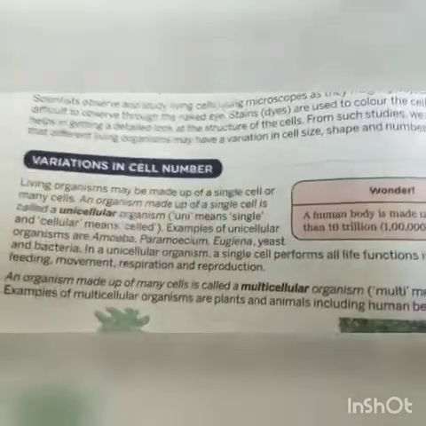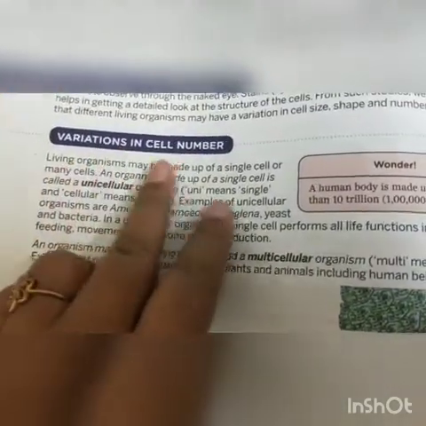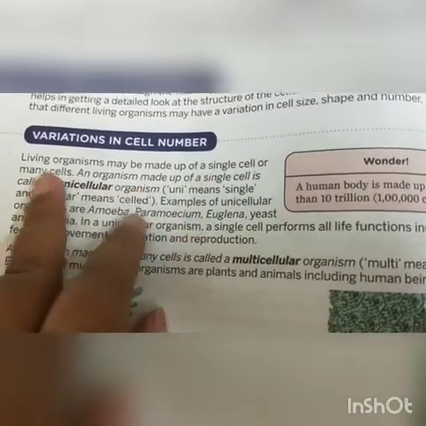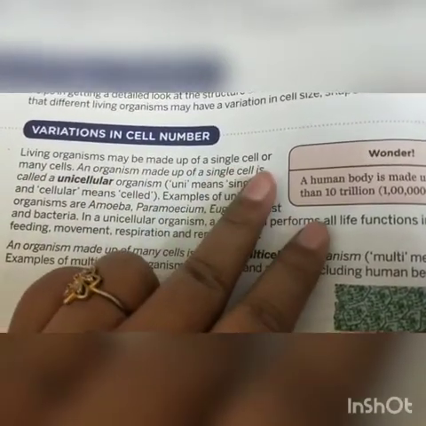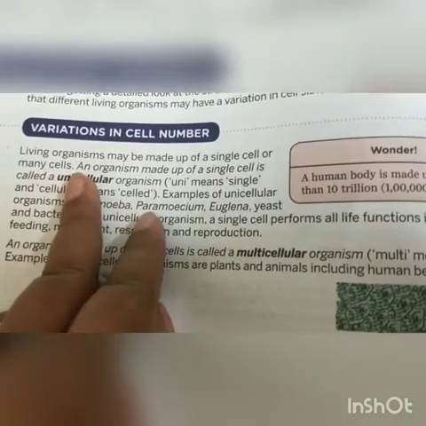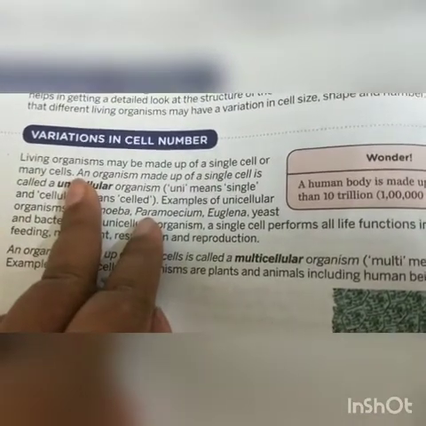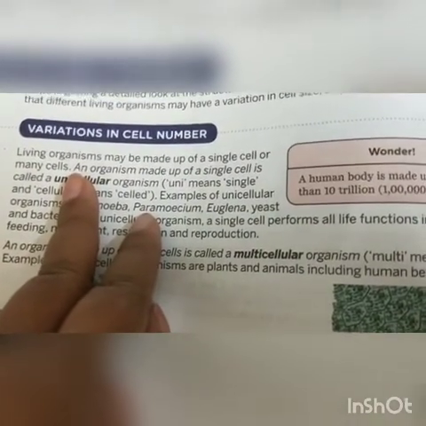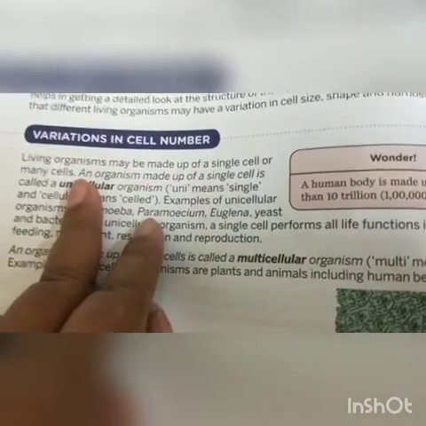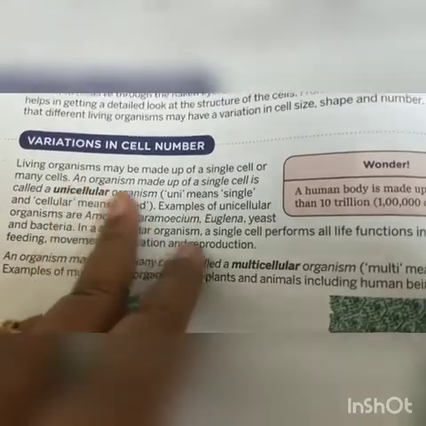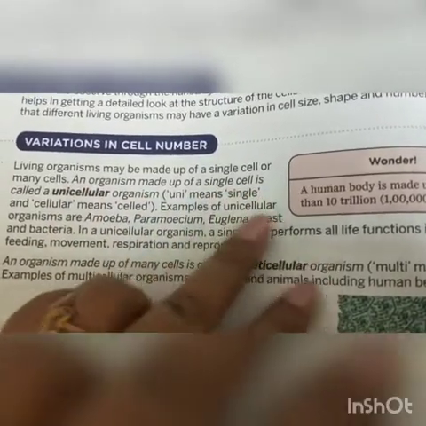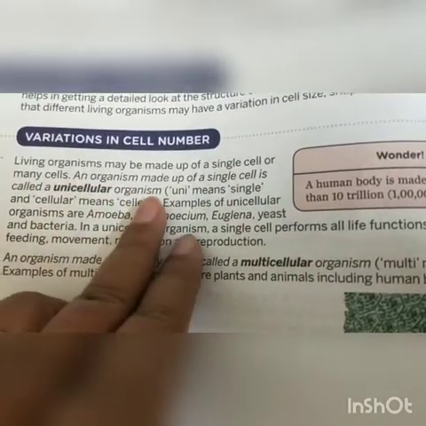Okay. Now, variations in cell numbers. Living organisms may be made up of a single cell or many cells. Some are made up of one cell, that is a single cell, and some are made up of many cells. An organism made up of a single cell is called a unicellular organism.